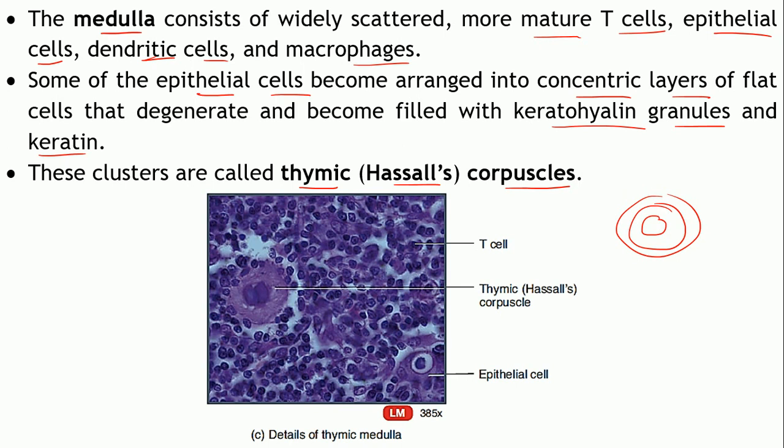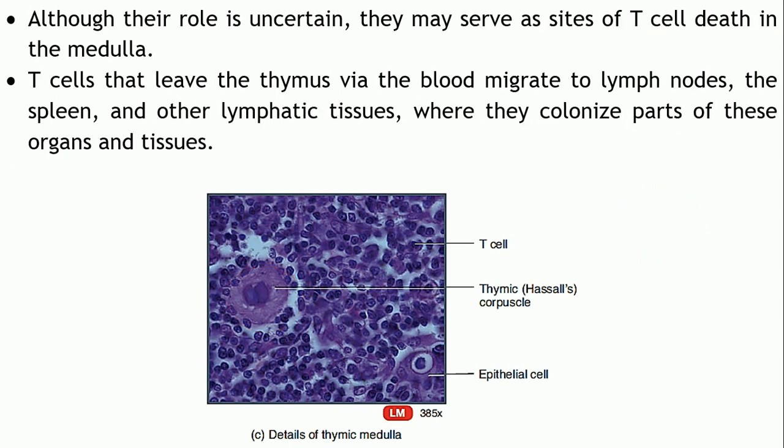So this is the thymic corpuscle or the Hassall's corpuscle. Now the exact role of this thymic corpuscle is not known, but they may aid in the cell death, that is T cell death. The T cells, they die, right, they undergo apoptosis, so they aid in the cell death.